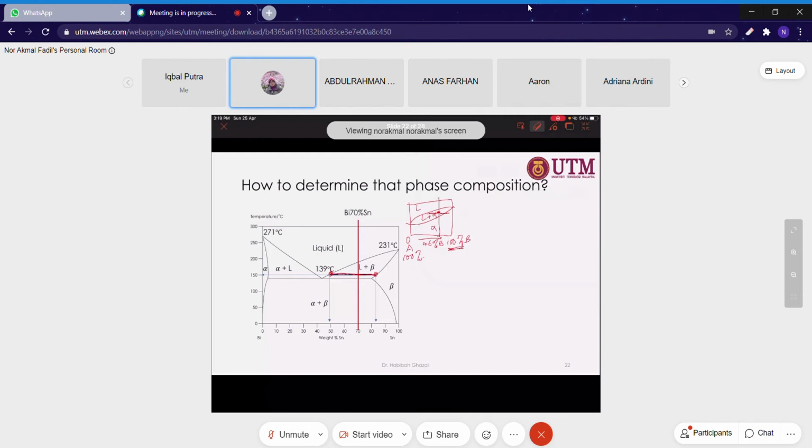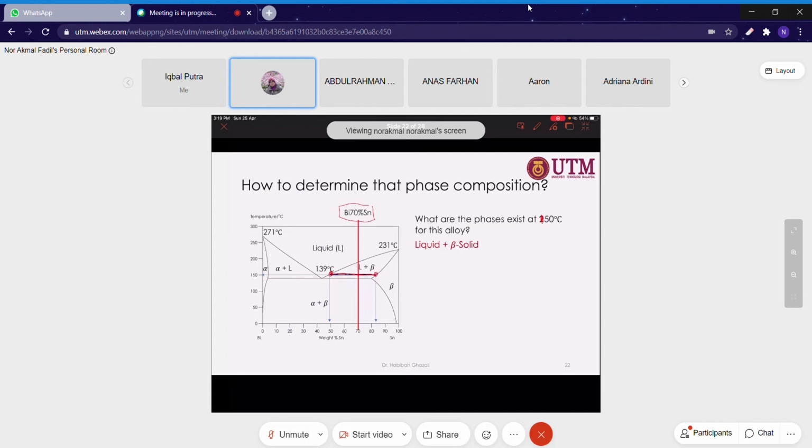So for example, if we want to determine the phase composition at 150 degrees Celsius for this alloy, first we need to identify what phases are present at this temperature. Our alloy is 70% stannum inside bismuth, so bismuth 30% and 70% stannum.